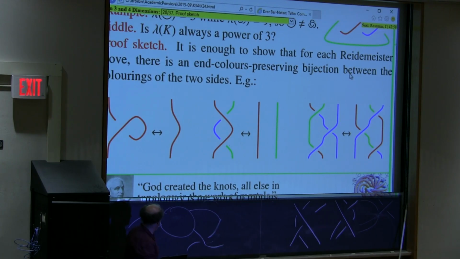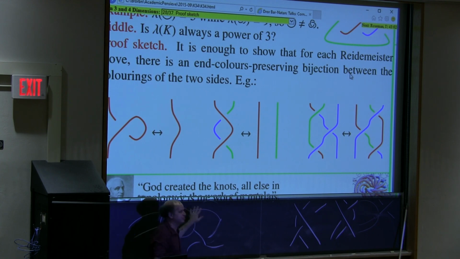So what I want to do is to show you that without changing the colors outside, I can perform the Reidemeister moves on the colored inside.